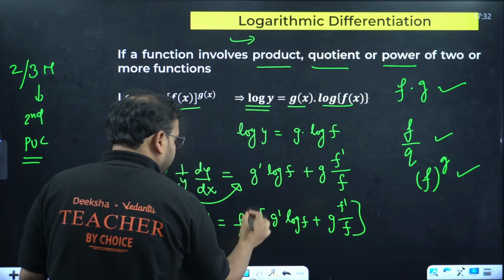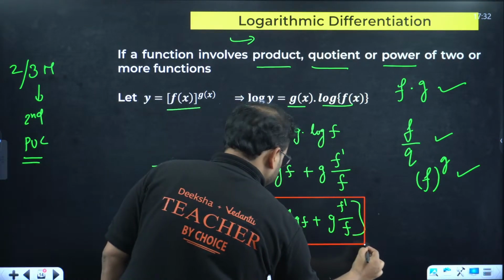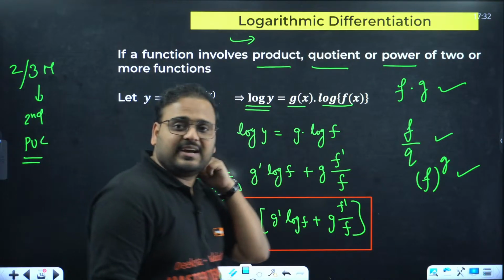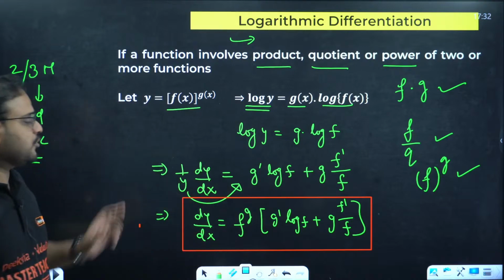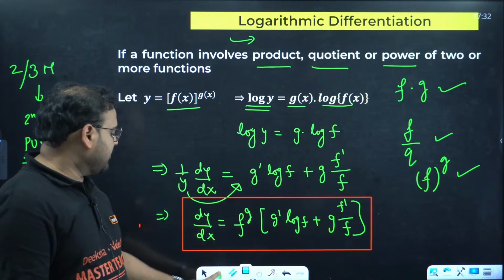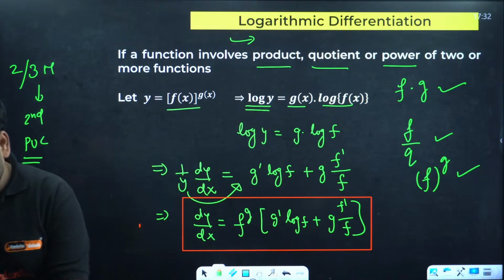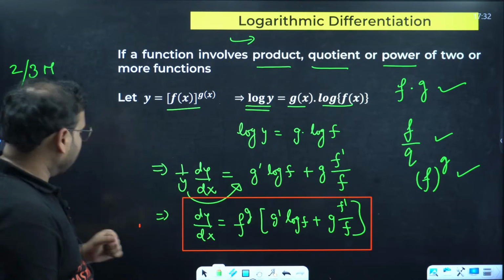You get this as the answer. And if you remember this formula, this kind of question comes in your CET and can be solved much faster. If it is an objective question of your boards, it also can be solved much faster if you remember the formula. Anyone has doubt regarding this approach?